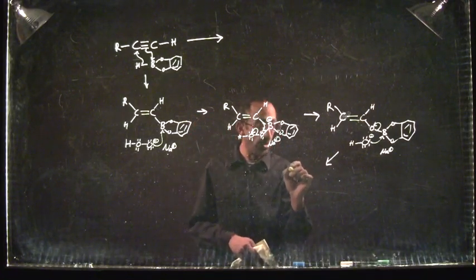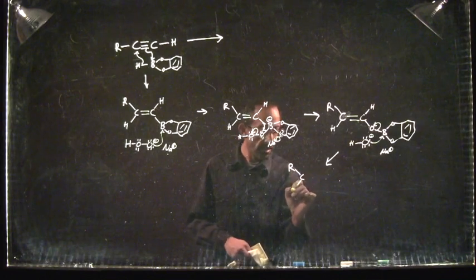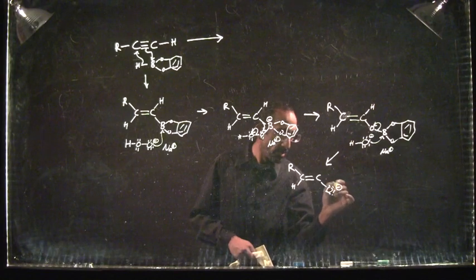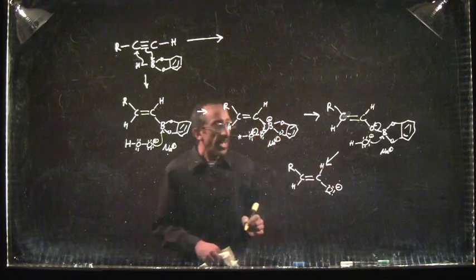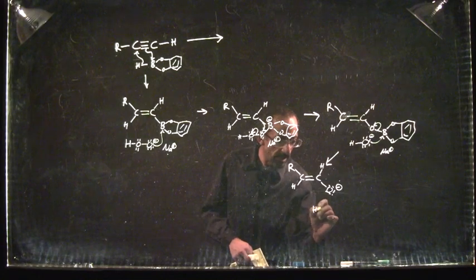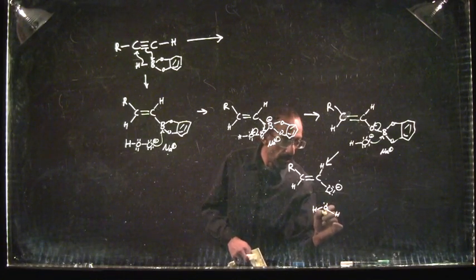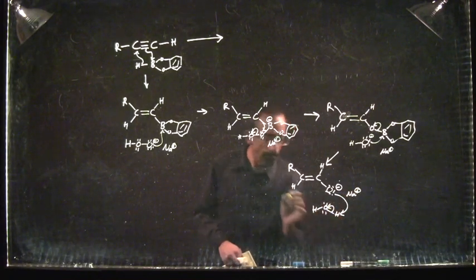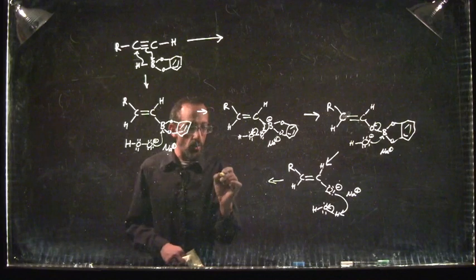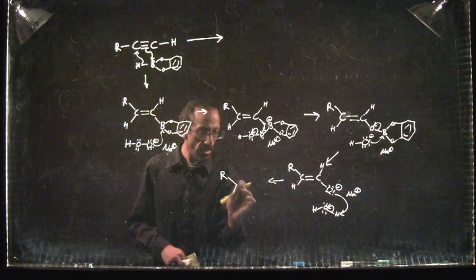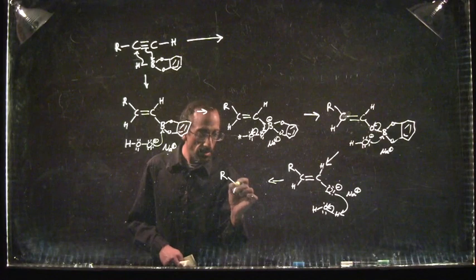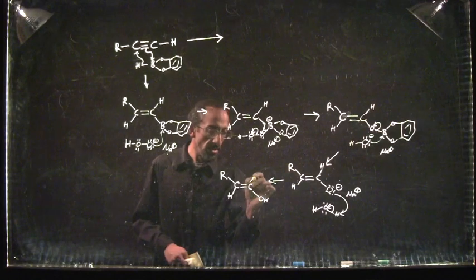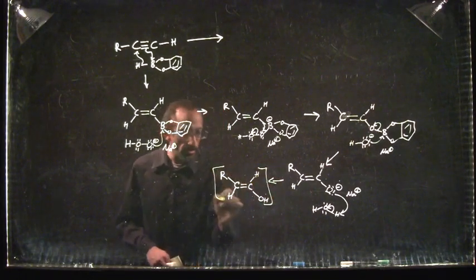This now takes us to, and here, once again, just like with our alkenes, we're going to protonate this from water to regenerate sodium hydroxide. And we see that we have once again formed an enol.